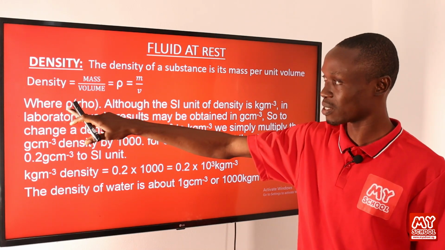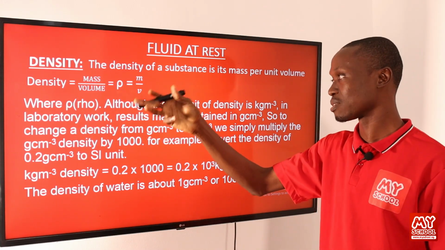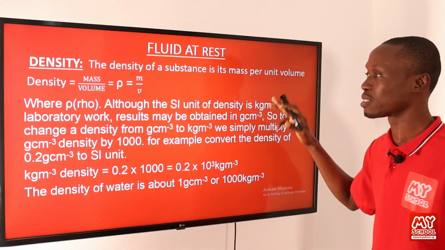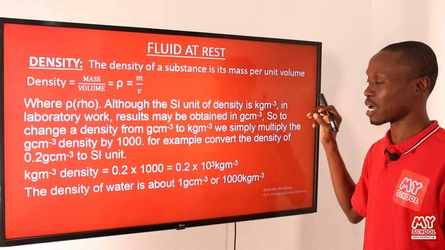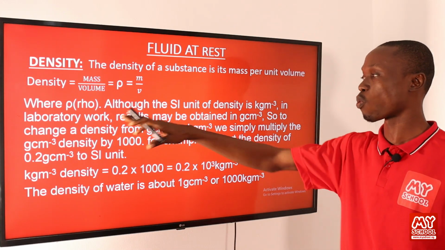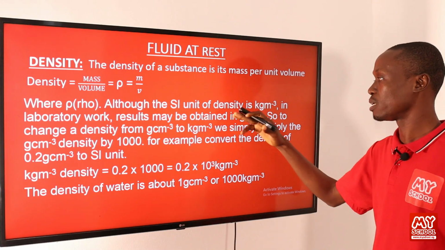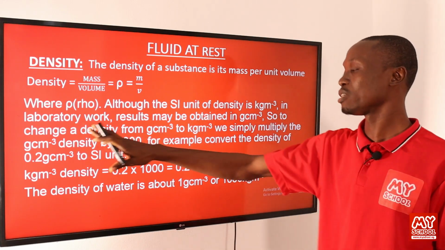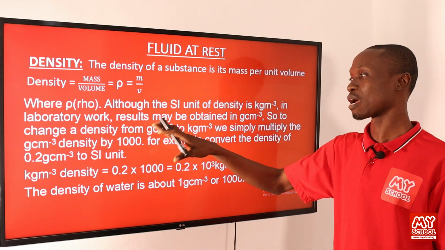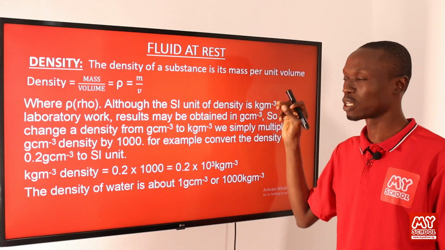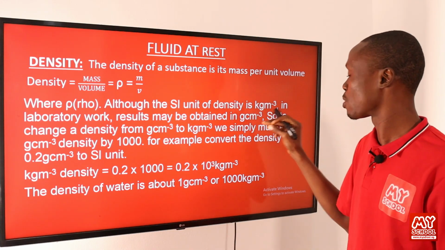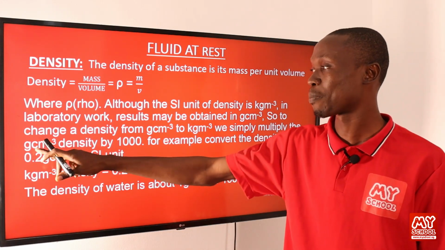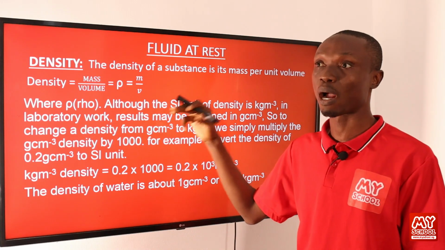The symbol rho represents density. The SI unit of density is kilogram per meter cube, but in laboratory work, results may be obtained in gram per centimeter cube. To change a density from gram per centimeter cube to kilogram per meter cube, we simply multiply the gram per centimeter cube density by 1000.